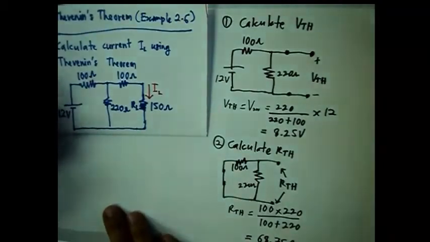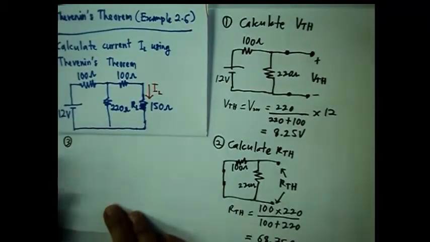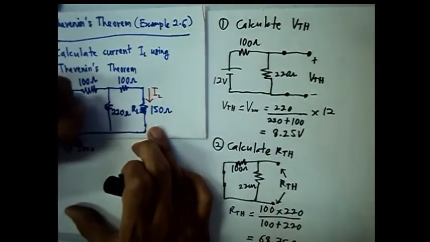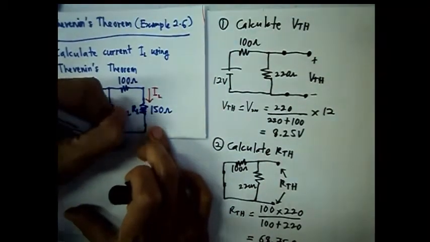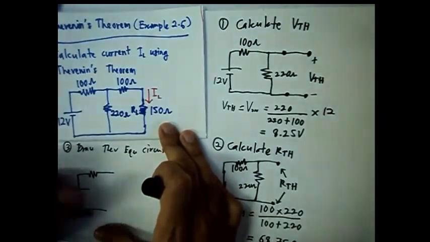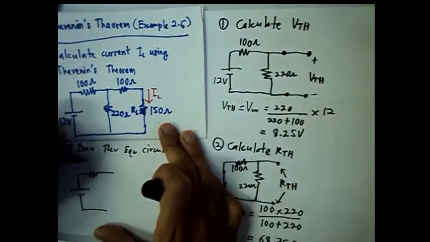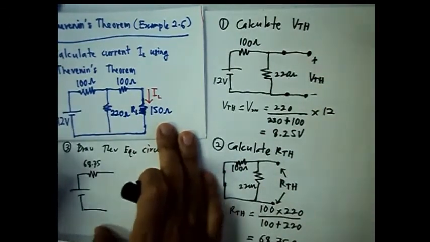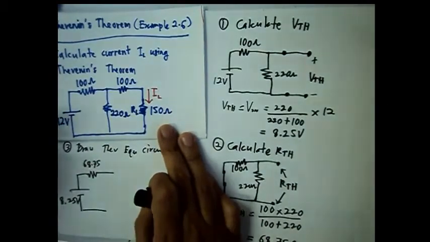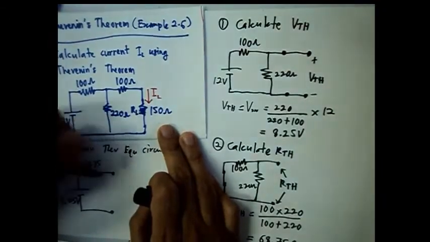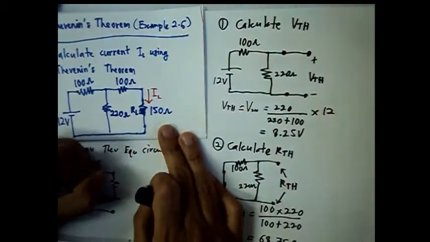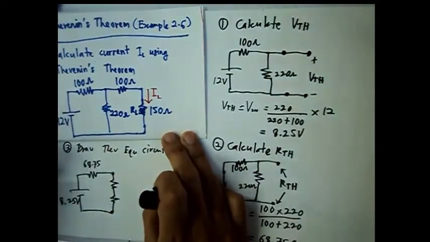Now we apply the last step, which is to draw the Thevenin equivalent circuit with this and this. Your RTH is 68.75, VTH is 8.25. At this point we place back the two resistors, 100 ohm and 150 ohm, on the open terminal.